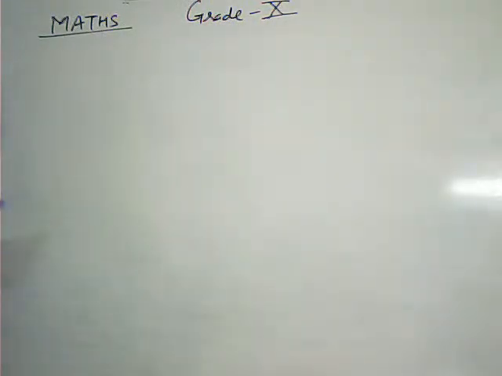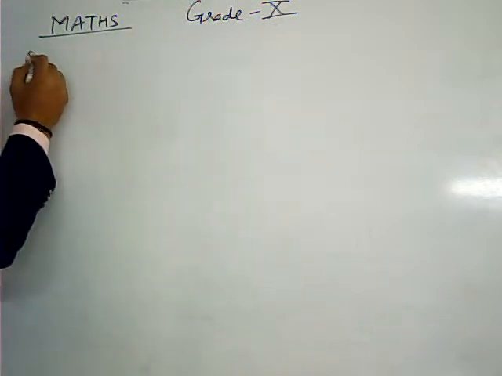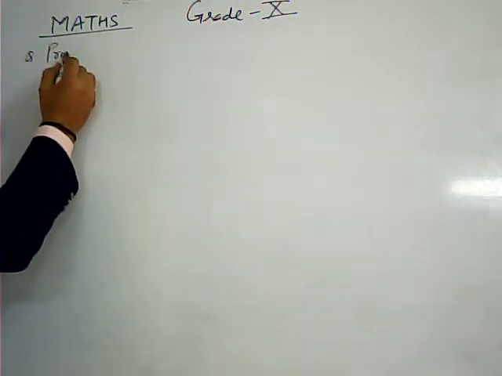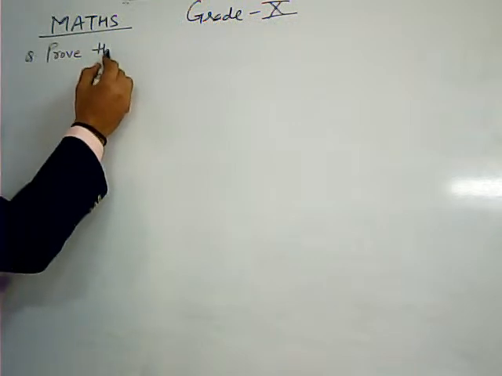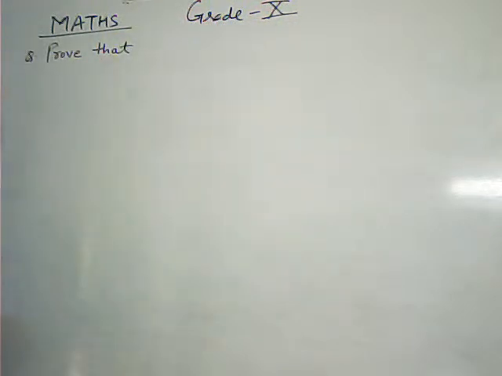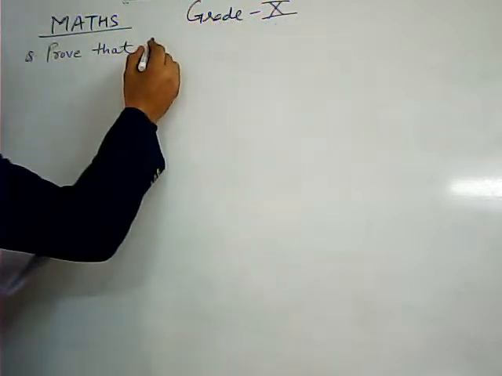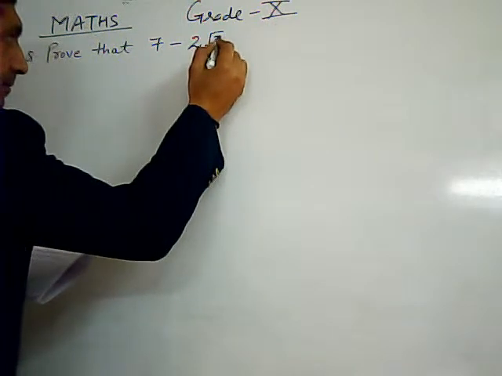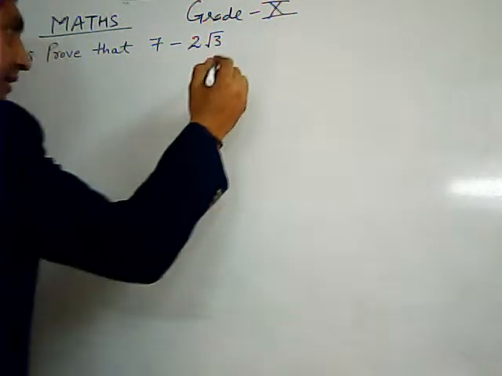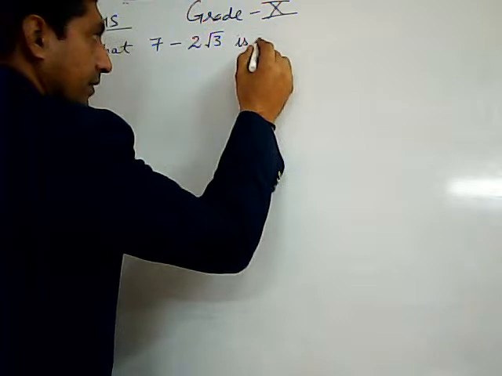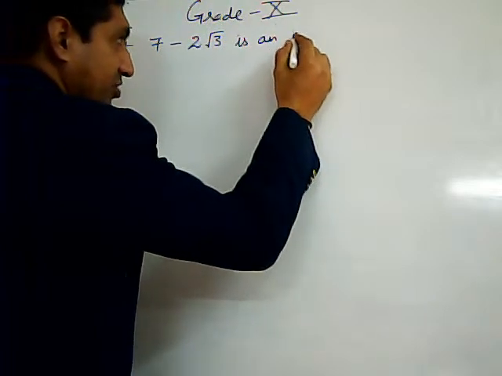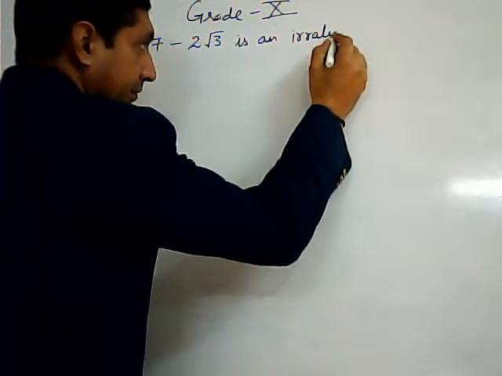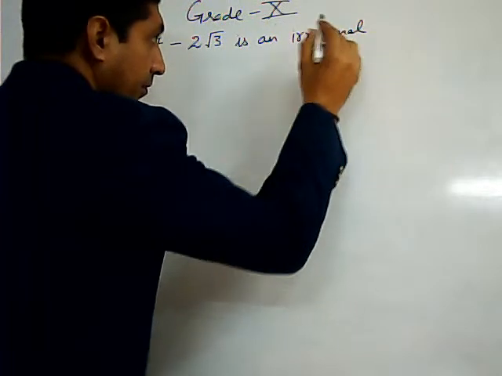Here, prove that 7 minus 2 root 3 is an irrational number.